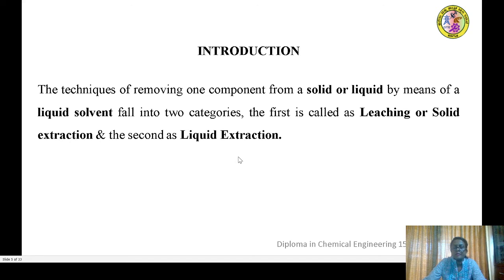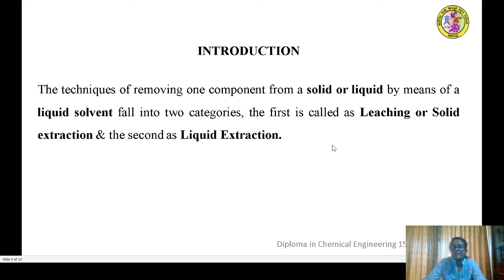So whenever you're given a mixture and you're using another liquid solvent to effect the separation of that mixture, then such an operation falls into two categories. One is solid extraction, in which a soluble component from a solid is removed using a liquid solvent.